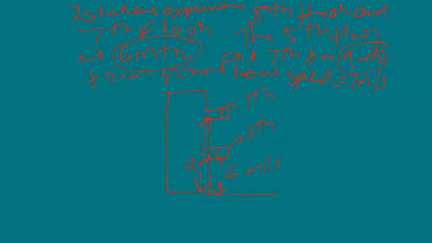From the balcony they are throwing two different balls, two different students. Horizontally they are launching, no angle is formed, parallel to the earth, they are just dropping it. So when they drop it like this, it will fall down. This is the ball, first student with the same velocity of 7 meters per second, and this boy is also throwing the ball from the 5th floor with the same velocity, 7 meters per second.